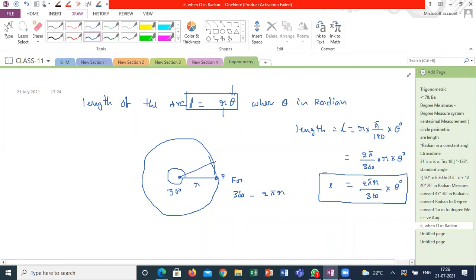If it is rotated only theta degrees, what is the length of the arc? Taking the ratios, 360 by theta is equal to 2 pi r by L. After cross multiplying, L is equal to 2 pi r by 360 into theta.